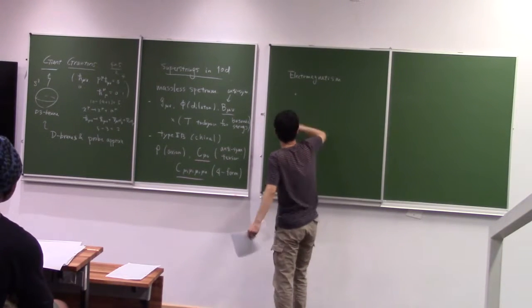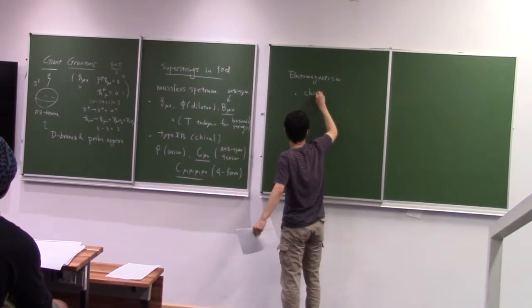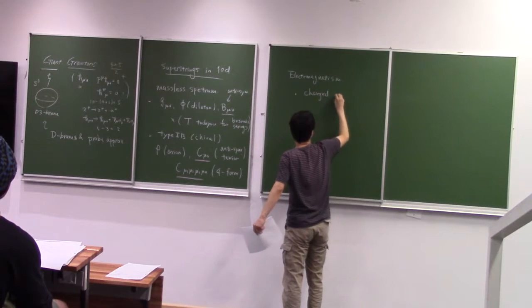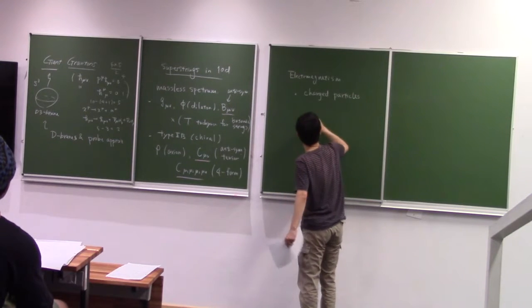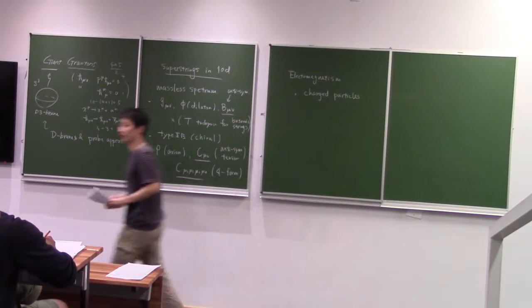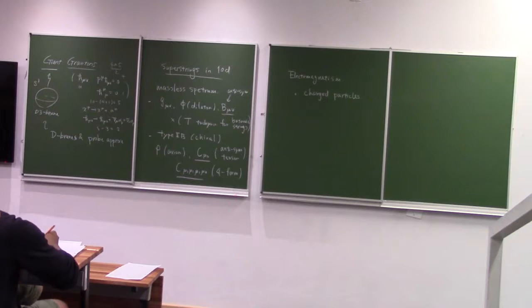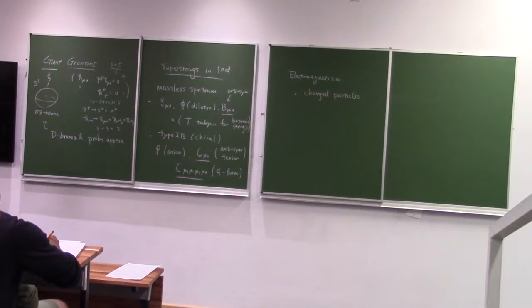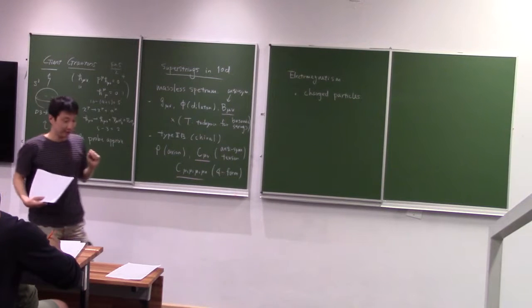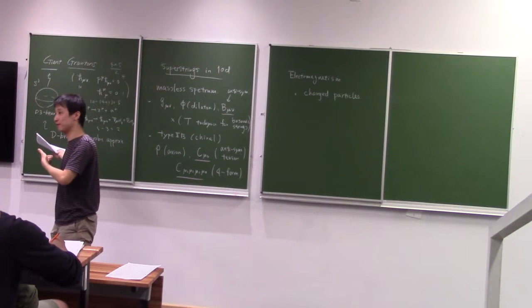So in electromagnetism, you have charged particles. But why do they exist? And what is the characteristic of charged particles? If there are charged particles, there has to exist something else.